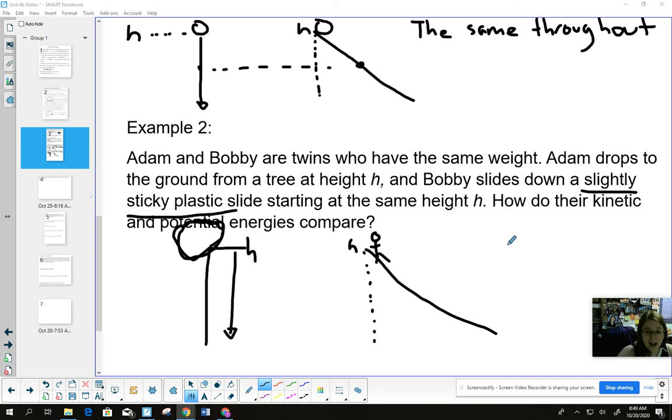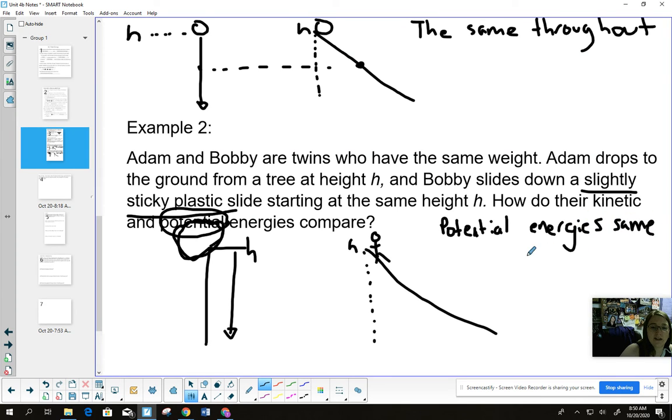Well, because there is friction involved, even though the potential energies are going to be the same, because potential energy is purely based on the height, the potential energies at the start of this will be the same.